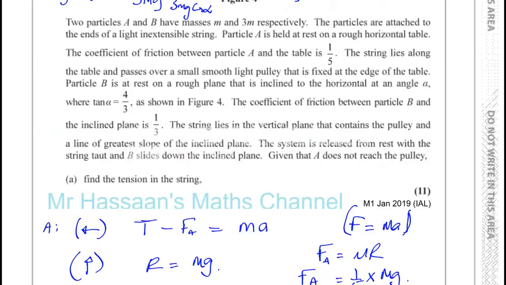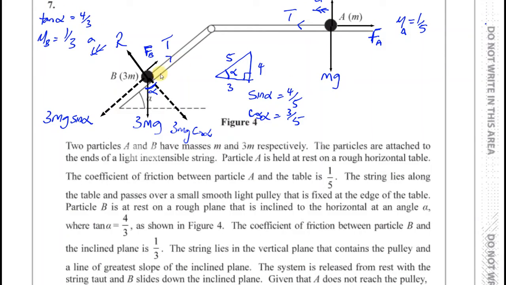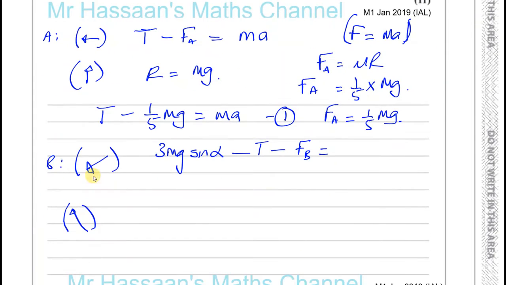Those are all the forces acting parallel to the plane: the component of the weight acting down, the friction acting opposite to the direction of motion, and the tension acting up the plane. Here the mass of the second particle, B, is 3m, so it's 3m times a, and the a here is the same as the a in the first part of the question.